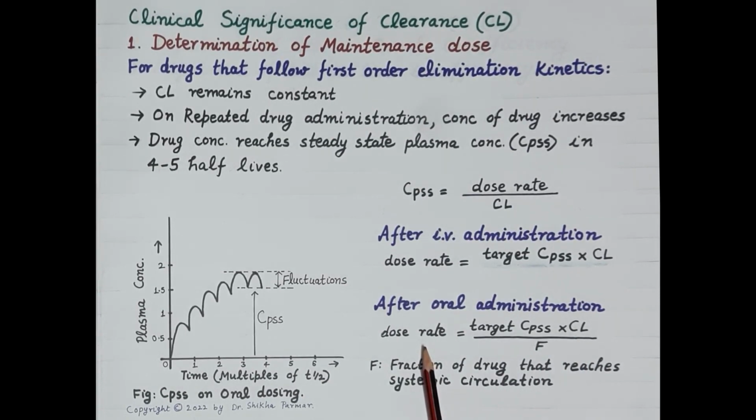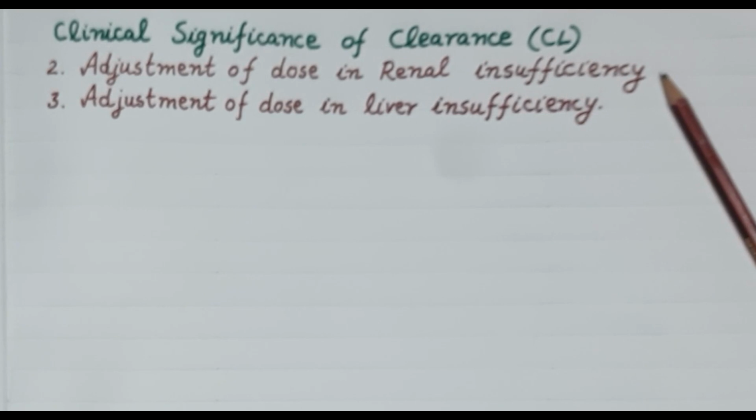As we all know, the majority of drugs are excreted by the renal route. That is, the majority of drugs are excreted in the urine through the kidneys. So the knowledge of clearance is very essential for the adjustment of dose in renal insufficiency.